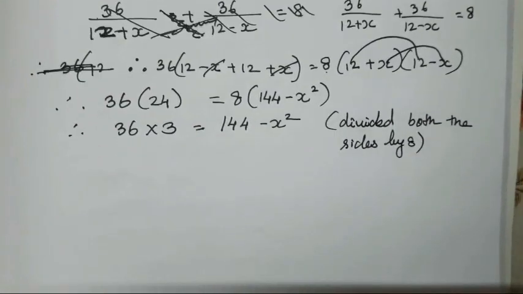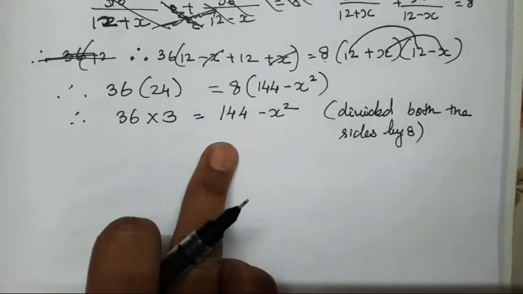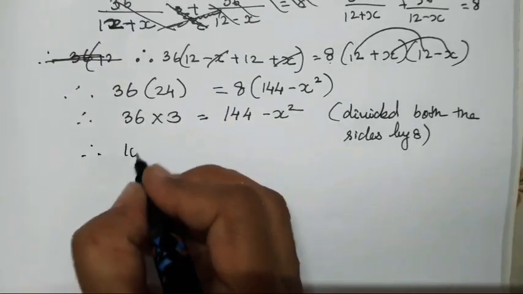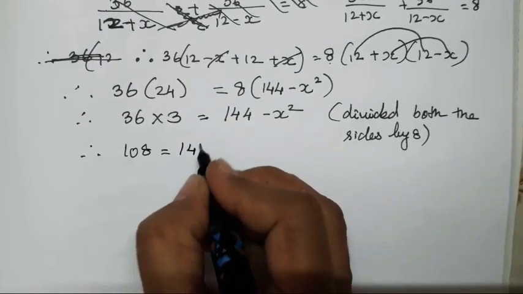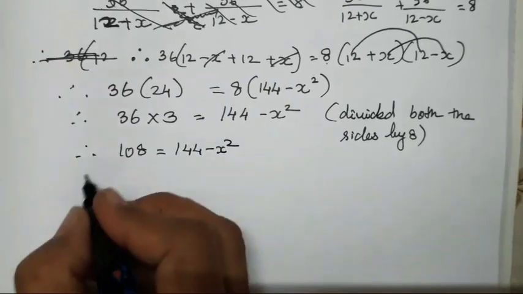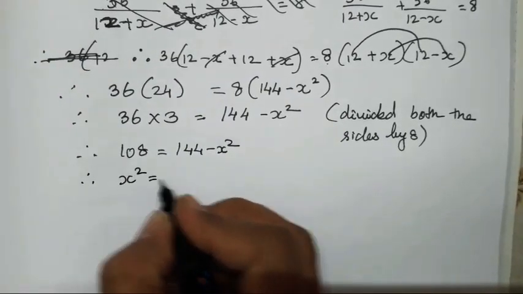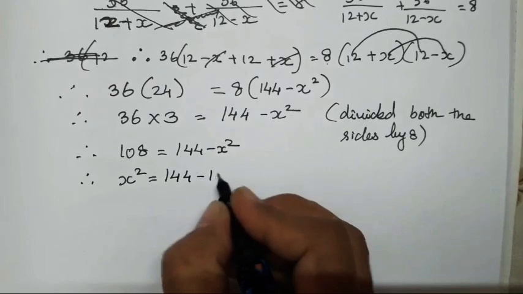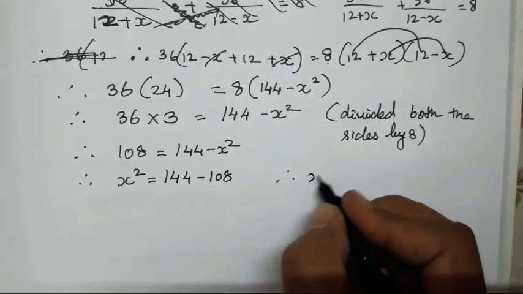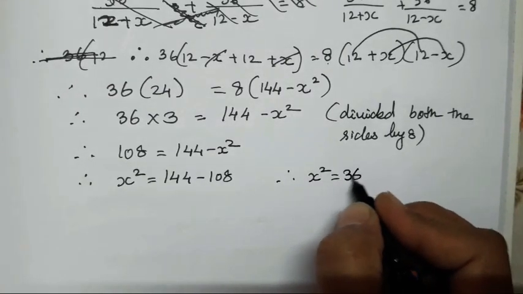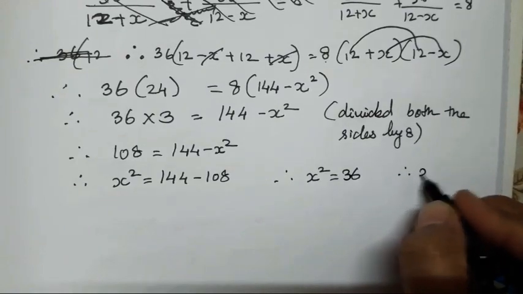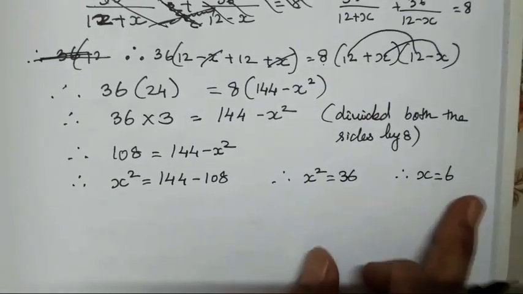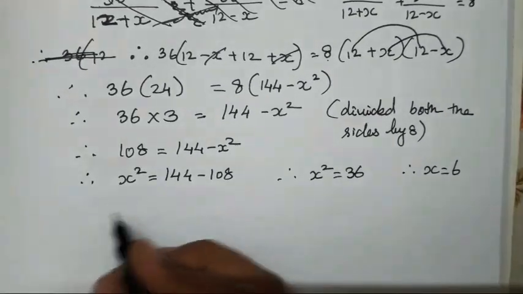Alright, I think this is clear to everyone, nothing much to explain in this step. Therefore 108 is equal to 144 minus x square. Therefore x square is going to be 144 minus 108, so x square is going to be 36. Now we have to take the square root, so x is 6. The square root of 36 is 6.